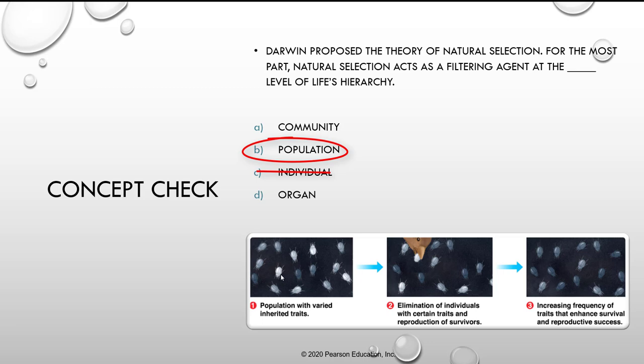There's no changing. The population, however, can change over time. So populations can change over time, individuals cannot. That's a misconception that some students have. So just remember, populations can evolve, individuals cannot.